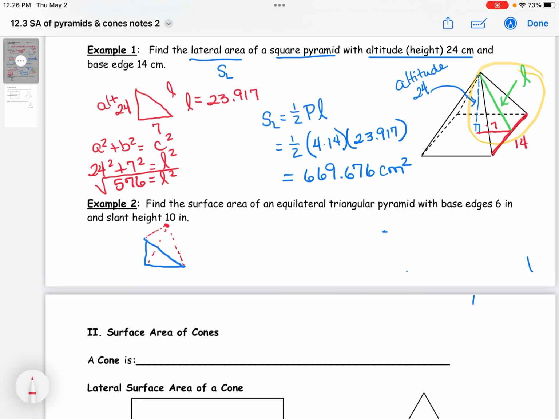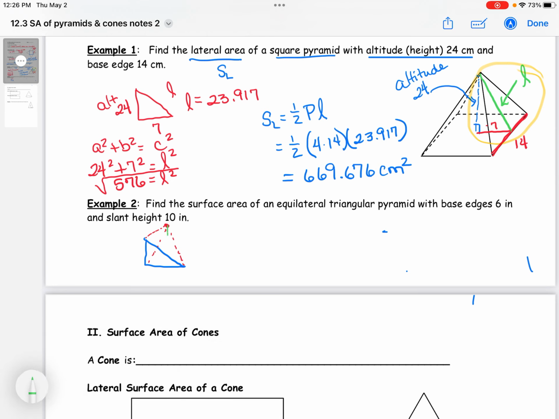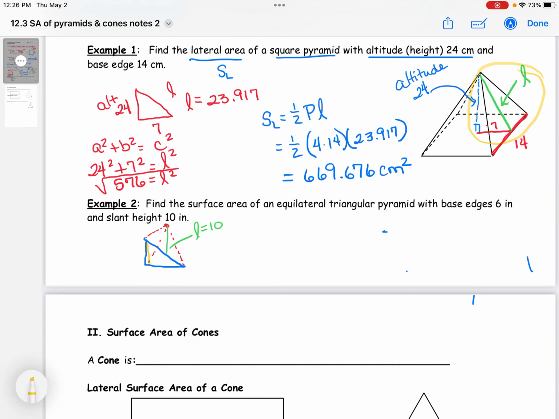So the slant height would be along one of the sides, and that's going to be 10. And then the base is going to be this part I did in blue.